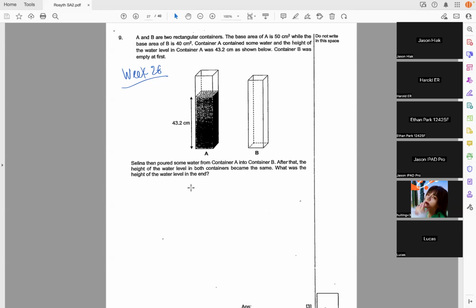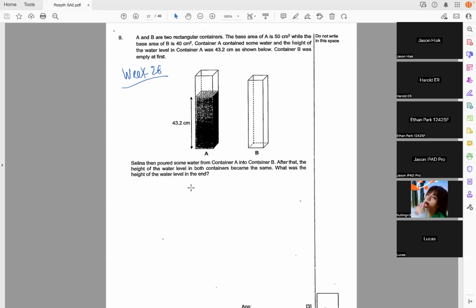Then the question will say, I want you to pour until the height is the same. Or sometimes they may say, I want to pour until the water level in A is twice that of B. Then they ask you, what was the height of the water level in the end? So you can see the style in which such a question is set.